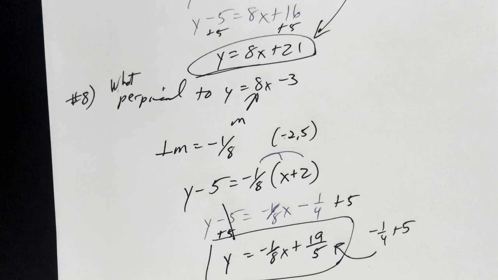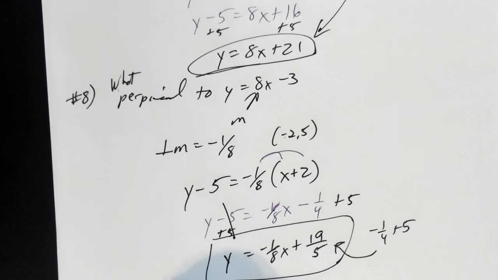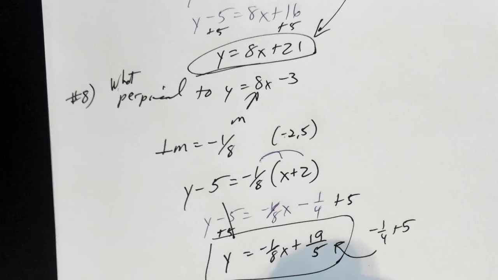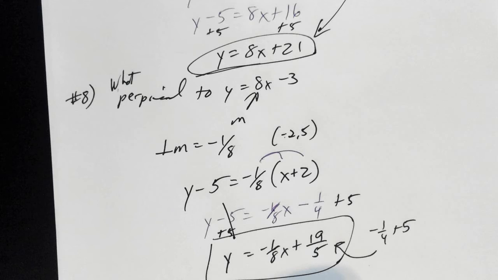Okay? Now, that would be an ugly one in standard form, by the way, but you could put it in standard form if they said so. I'd have to take this whole equation, first and foremost, multiply everything by 40, which is that common denominator, right?